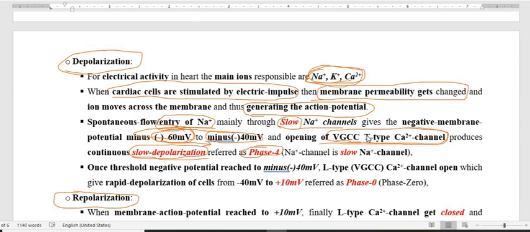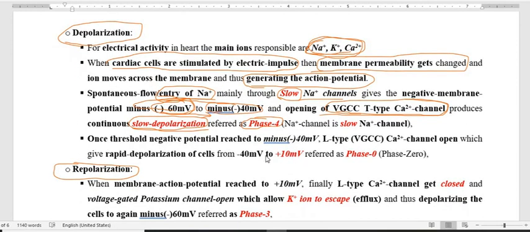Once it reaches minus 40, another calcium channel opens, the L type calcium channel, at minus 40 millivolt.